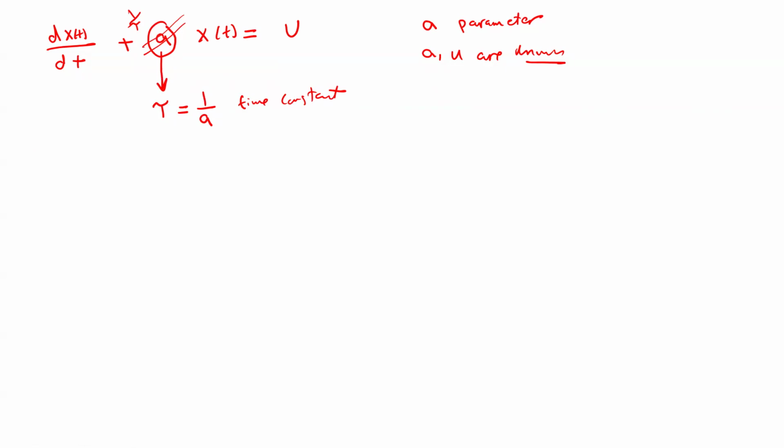You will see later why this tau is important. So someone can ask you, why do you call this one a special name? As I'm going to explain later, for now we call it the time constant.